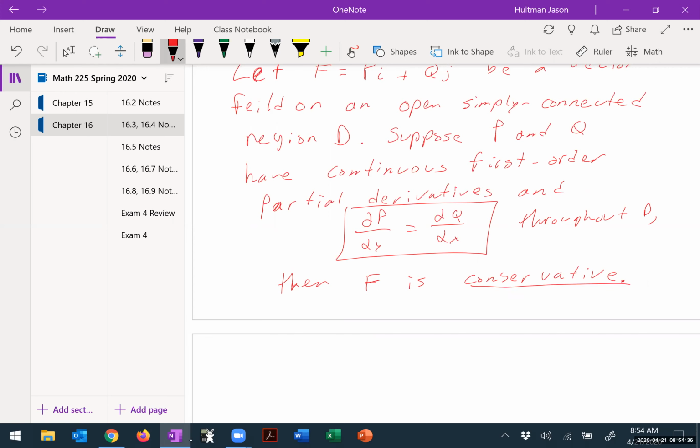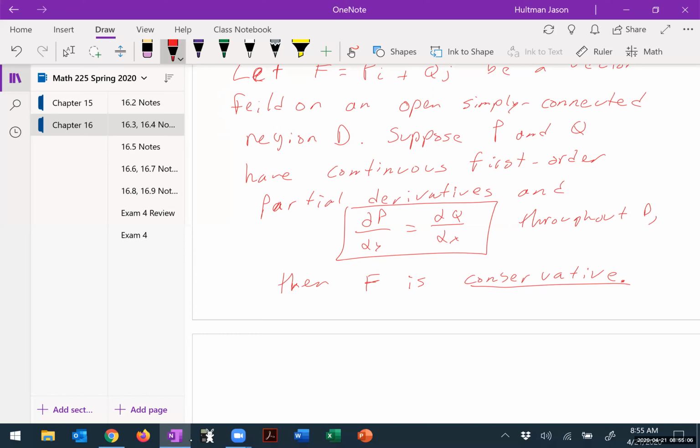So what we just set up was a test for conservation. That was the whole premise of what we just did in the last half hour. We set up the criteria, and if this criteria holds, then F is conservative.